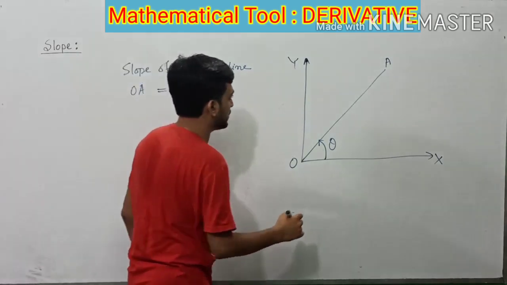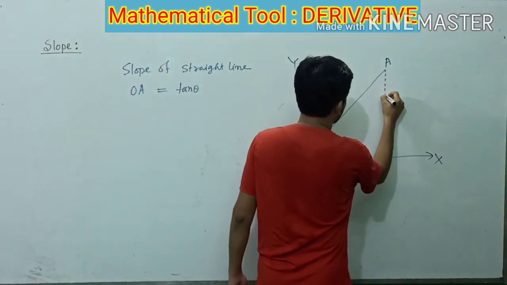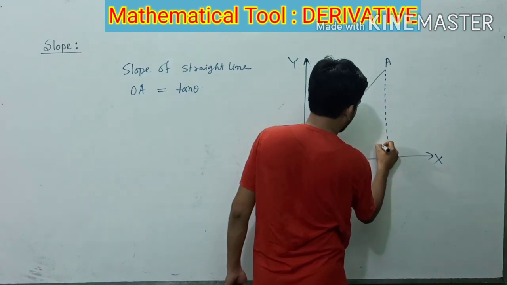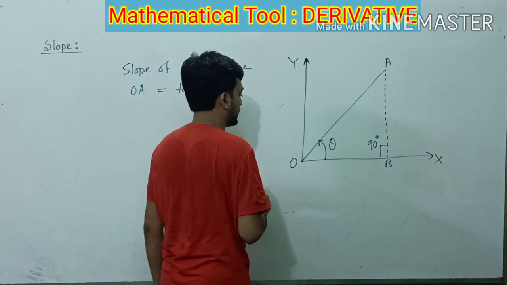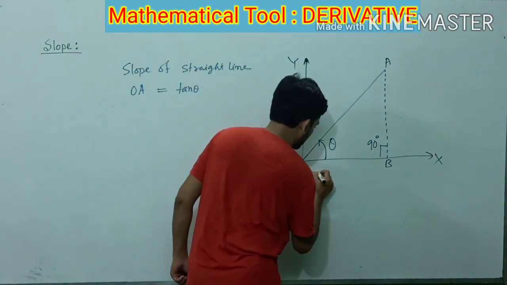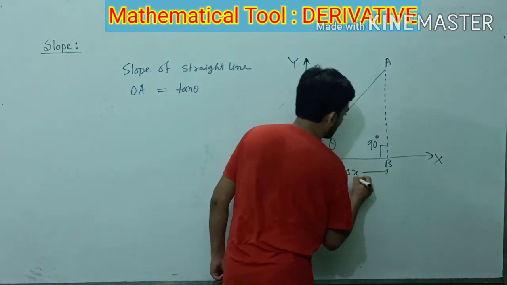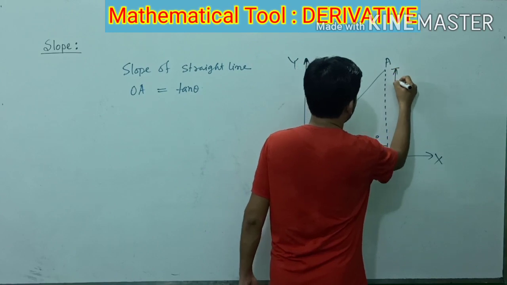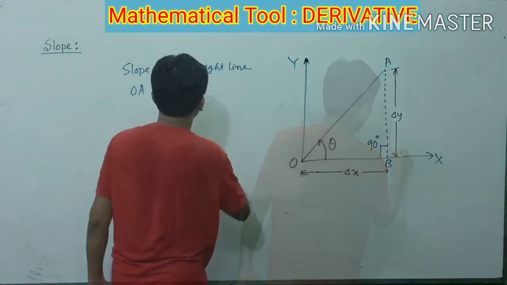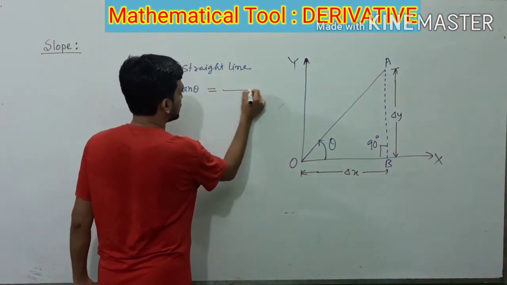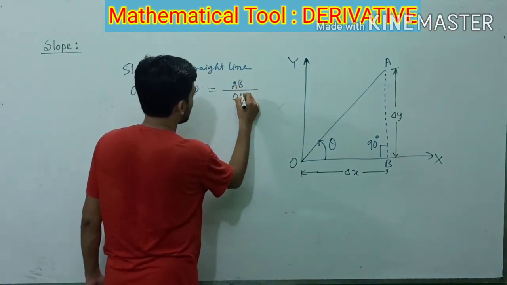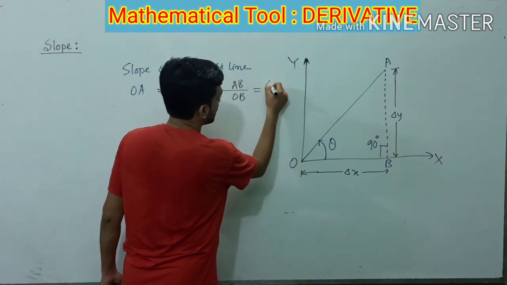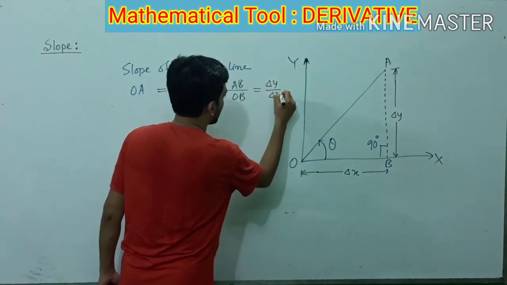How to find tan theta? We need to consider one right angle triangle OAB, where OB is equal to del x and AB is equal to del y. So tan theta is equal to perpendicular AB by base OB. This is equal to del y by del x.